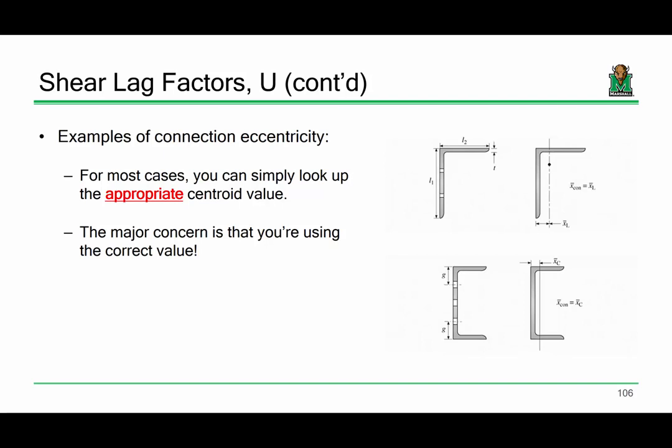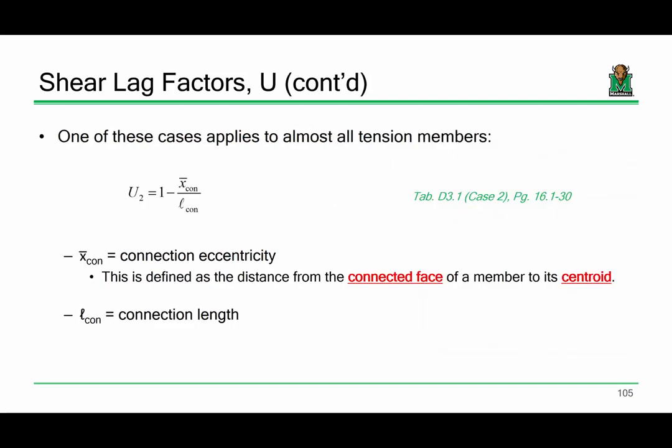It's a very common connection scenario. The X bar value is the distance from the connected face here at the back to the centroid. Now for channels, if you look up channel properties, that is X bar. So you would report the X bar value, and that's what you use in this equation.